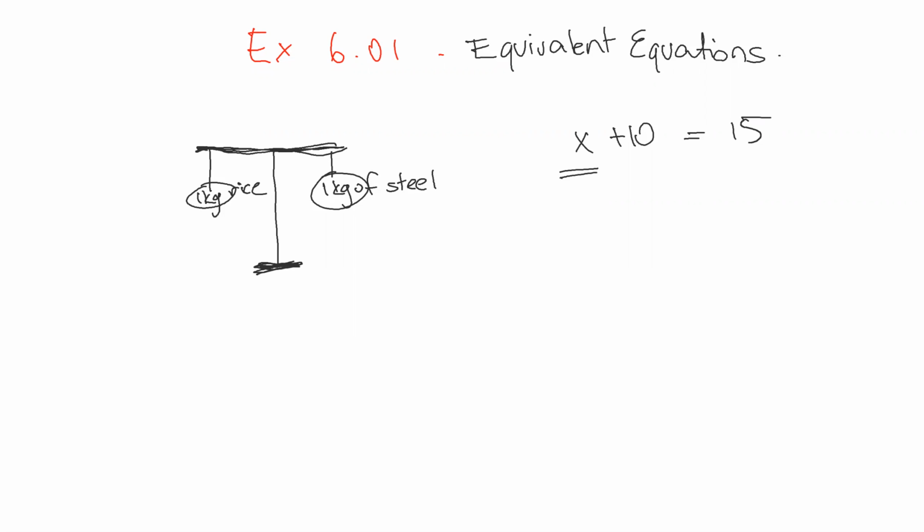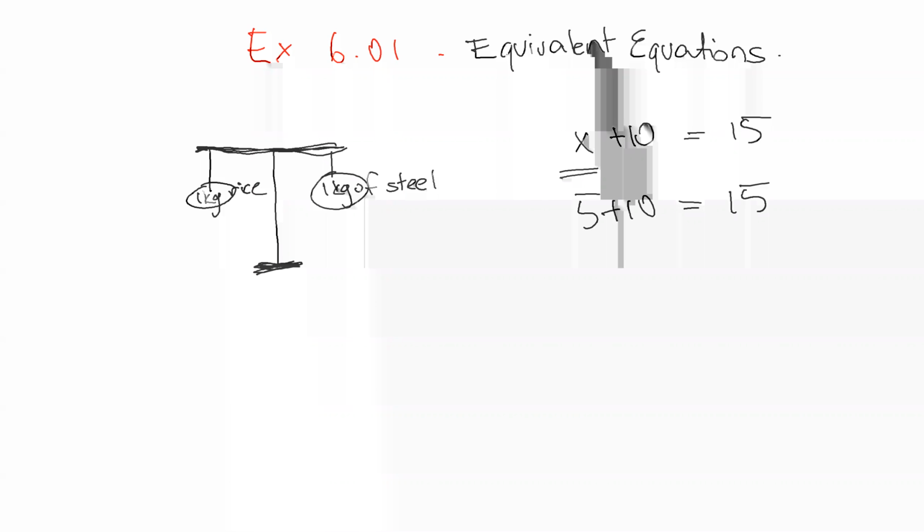If you use your logic, what do you think that's going to be? So what's x going to be in this case? 5. Yep. So it's going to be 5 plus 10 is equal to 15. So using our logic, we can find out what the x value is.